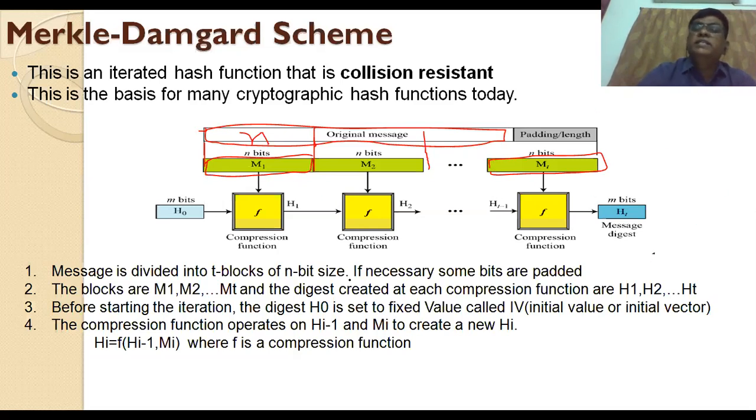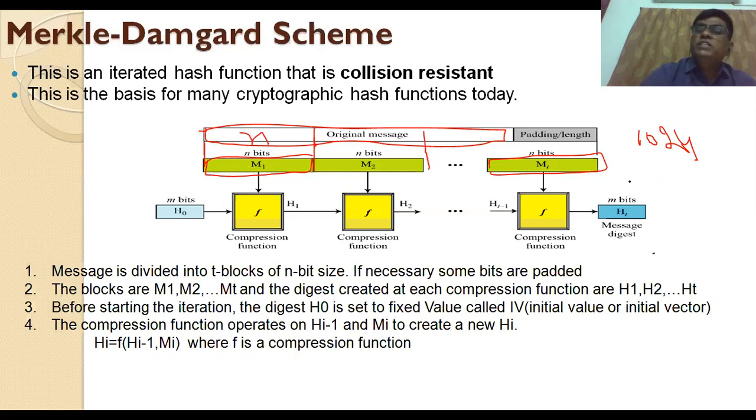Suppose the block size n is 1024 bits. After dividing the entire original message into equal parts of 1024 bits, the last block may be less than 1024.